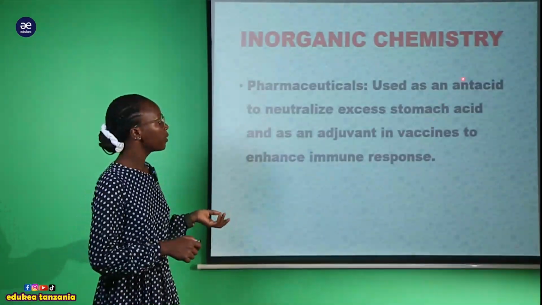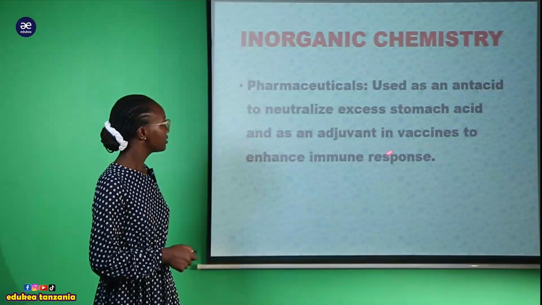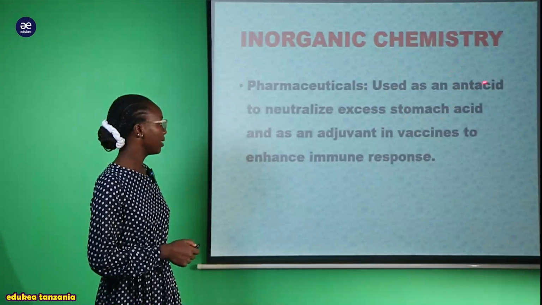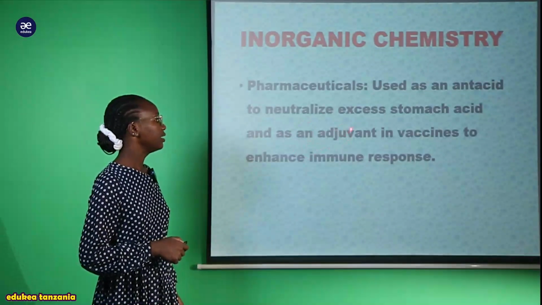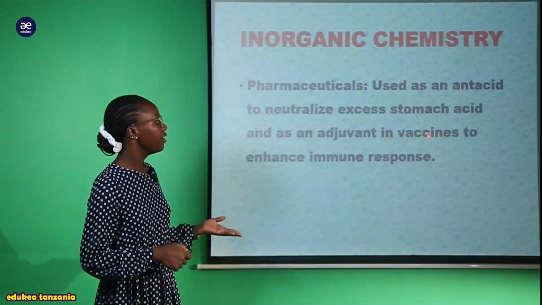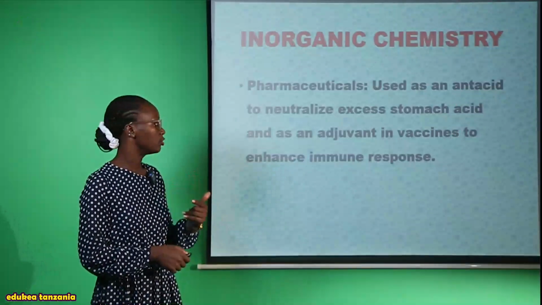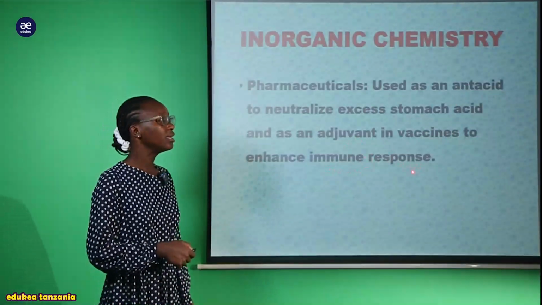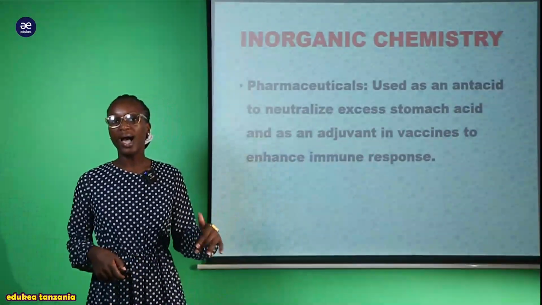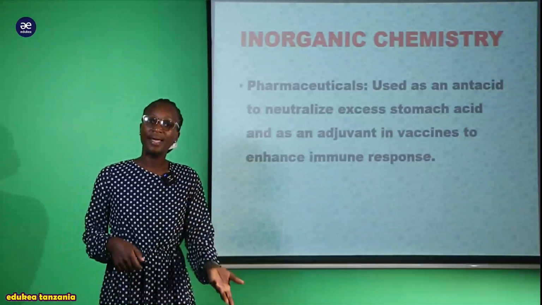How? Anasema used as an antacid to neutralize the excess stomach acid and as an adjuvant in vaccine, kwenye mambo ya chanjo, to enhance immune response. Kwamba kumbuka aluminium hydroxide pia ni nini? Ni base.